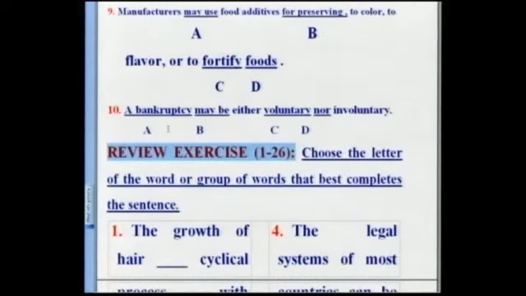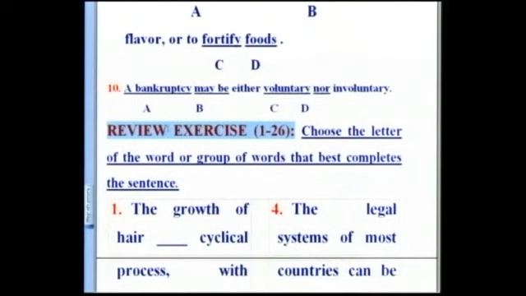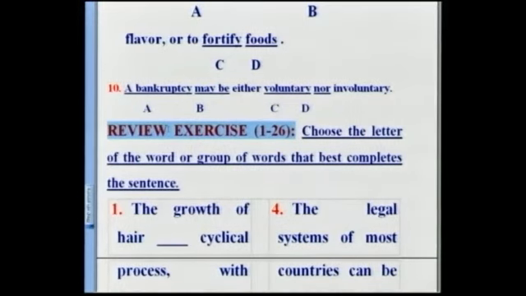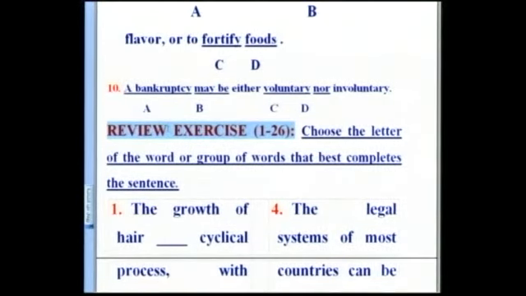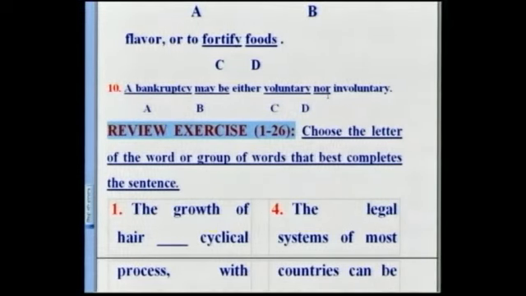The mistake is in B. A bankruptcy may be either voluntary nor... no, we don't say "either nor," we say "either or." So D is the incorrect part.